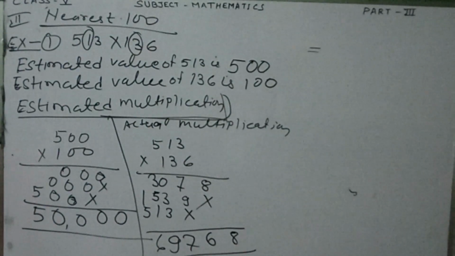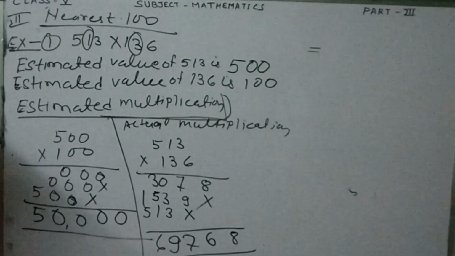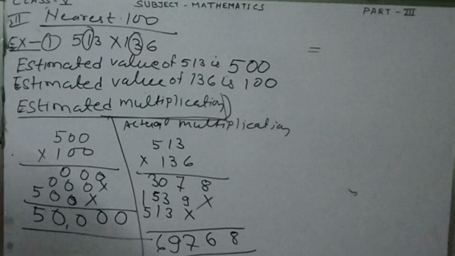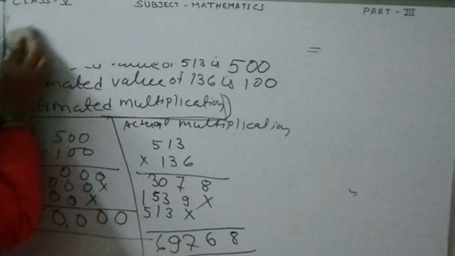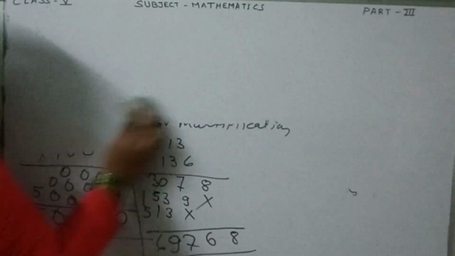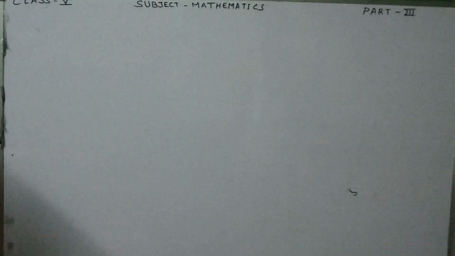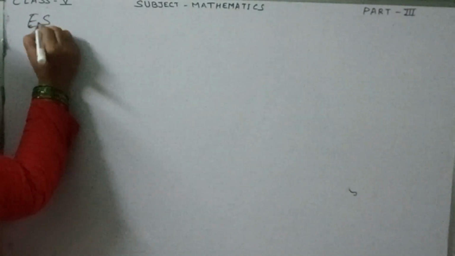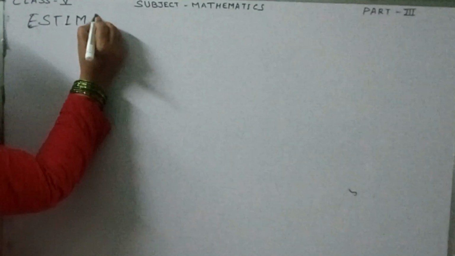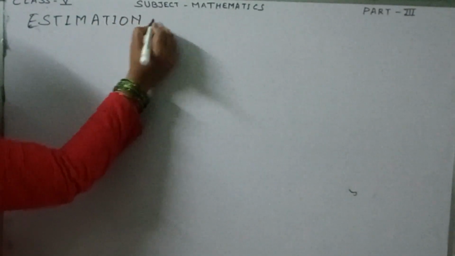Now the fourth topic is estimation of division. Children, in estimation of division, only one type of question is given, nearest 10. We have to find the numbers by rounding off to the nearest 10, and then find the estimated division, and also the actual division.